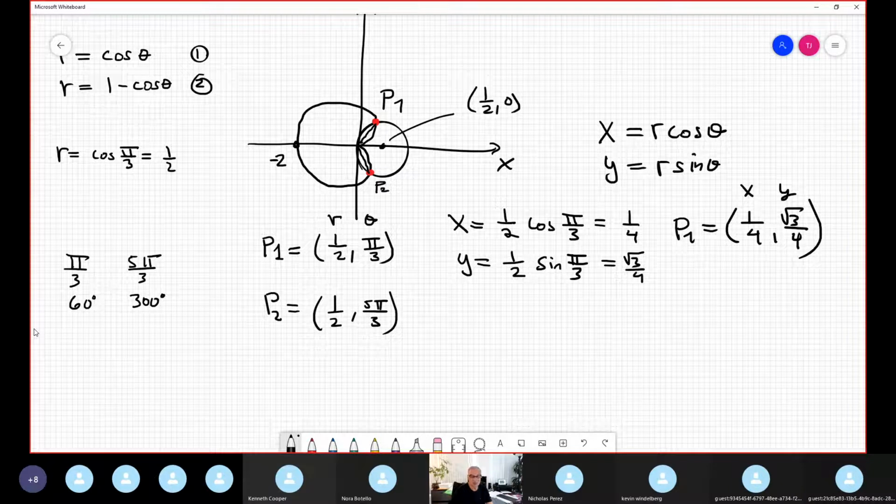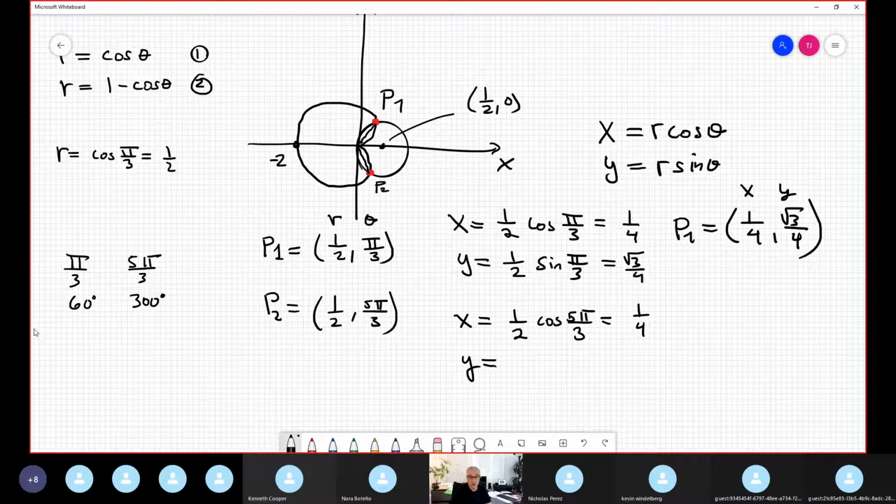Now, point 2 is similar, no? x is equal to 1/2, but this is cosine 5 pi over 3. But cosine 5 pi over 3, que es 300 degrees, is exactly the same. The answer is 1/4 again. But the y is not, because in the fourth quadrant the sign is negative.